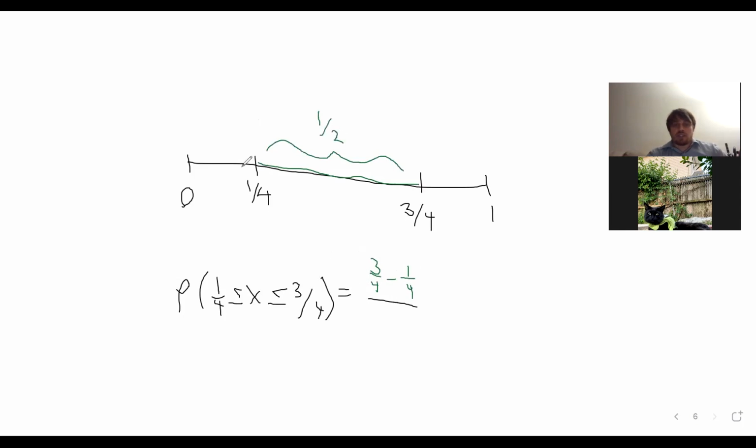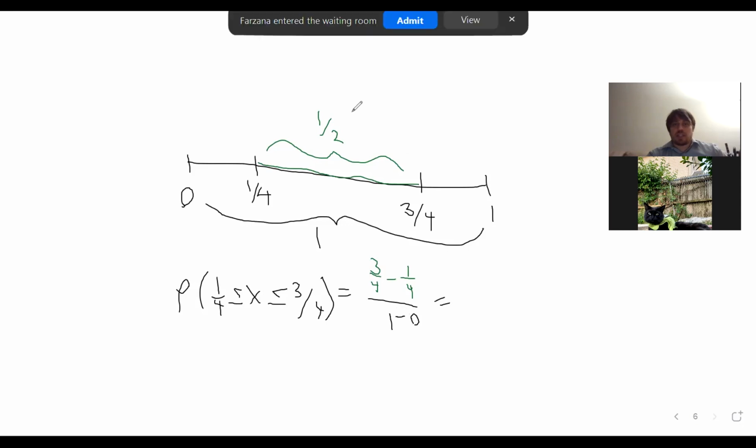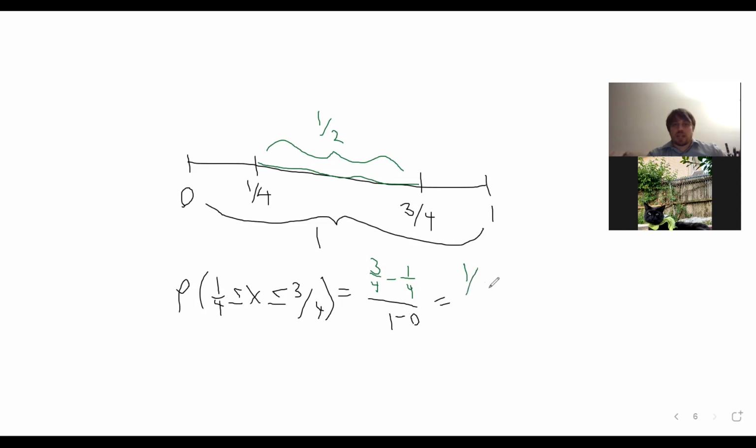3/4 minus 1/4, the difference. But then you're dividing it by the entire length of the space. The entire length of the space is 1. So it'd be (3/4 minus 1/4) over (1 minus 0). And so the amount of space where X could lie is 1/2, out of the length 1.